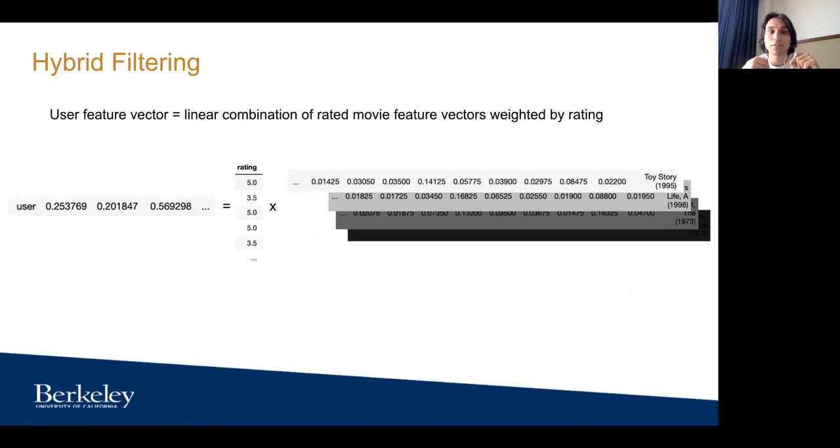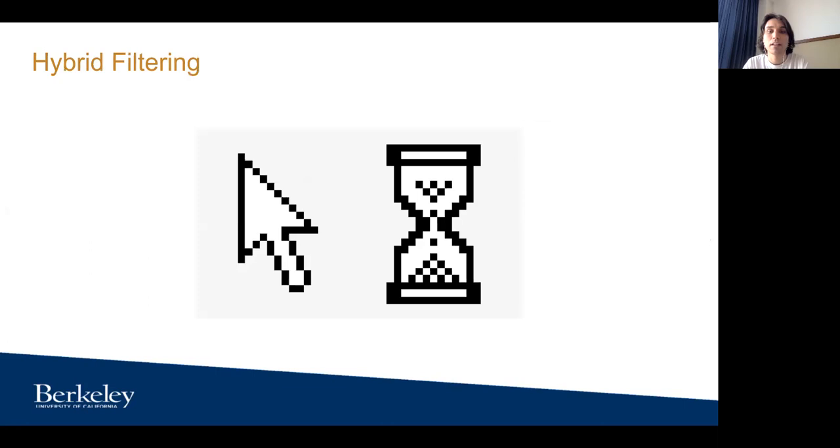Using the same methodology as item-to-item filtering, we could essentially make a user feature vector by creating a linear combination of the rated movies, taking each of the movie feature vectors and combining them, weighting by rating, to get some sort of user vector that we can then compare to all the other films and say, okay, this film is close to this user. This film is a 1970s film and this user tends to like 1970s films, things like that.